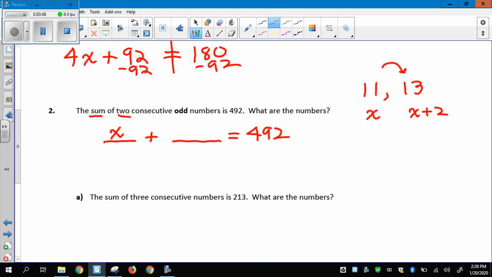Now, if they weren't odd integers, if they were just consecutive integers, then those numbers would look like this, 11 and 12, and I could use x and 1 more than x to represent those. But in this case, they're odd integers, so I'm going to use x plus 2 to represent the other one. Now I'm going to combine like terms. 1x and 1x together make 2x.